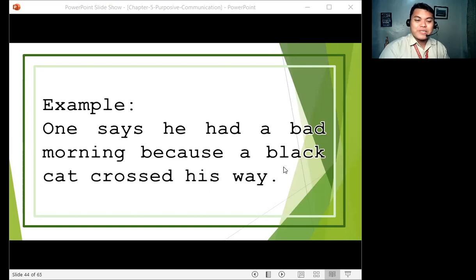Just because you experienced seeing a black cat cross your way, then you will connect this experience to your bad morning. That is post ergo propter hoc. So you have to remember, post ergo propter hoc, these are superstitious beliefs. So you accompanied your beliefs towards the situation that you are experiencing.